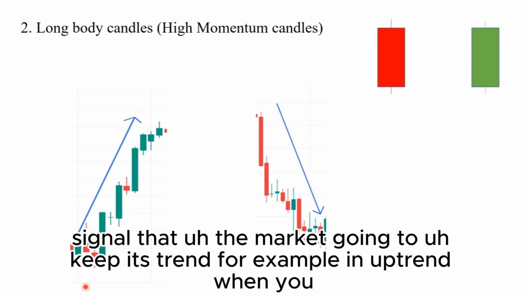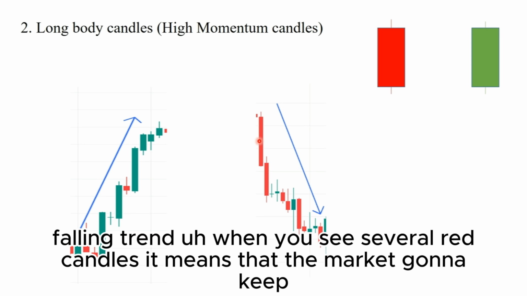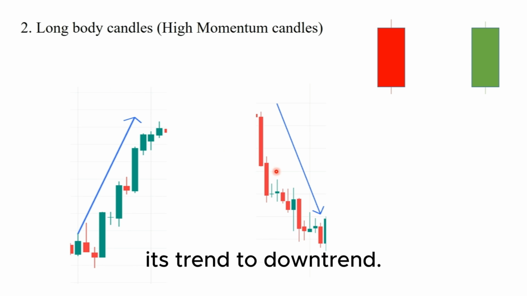For example, in an uptrend, when you see long body candles, it means that it's going to continue up. Or in a falling trend, when you see several red candles, it means that the market is going to keep its downtrend.